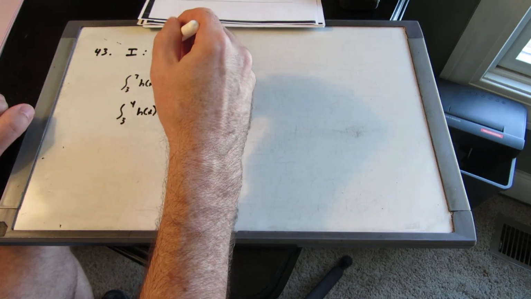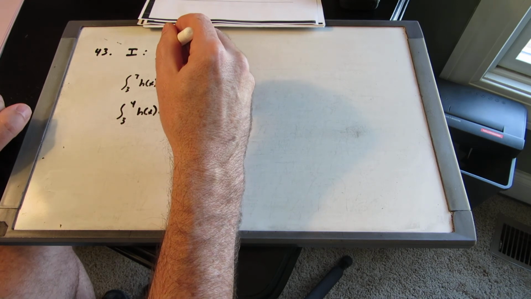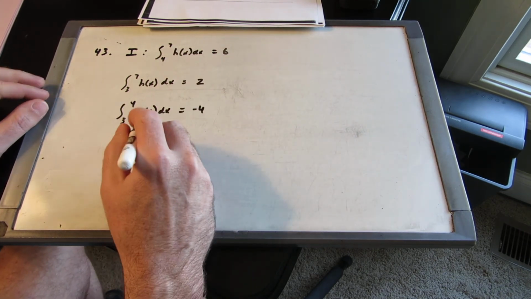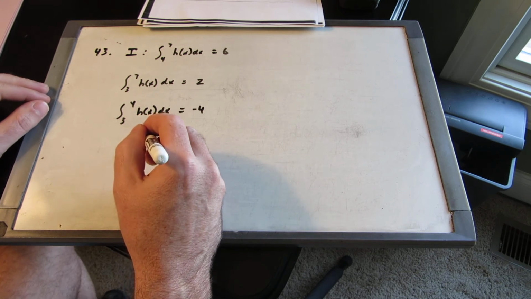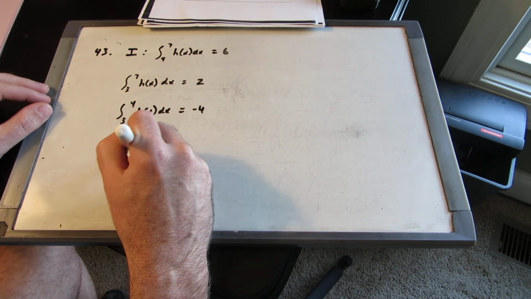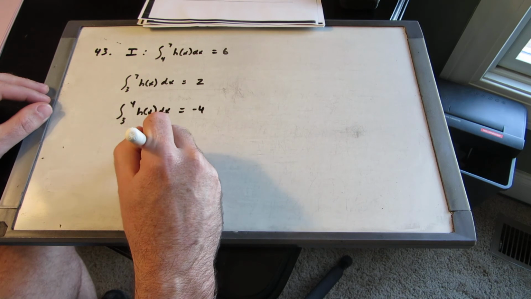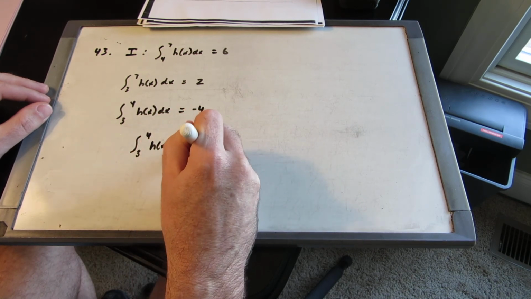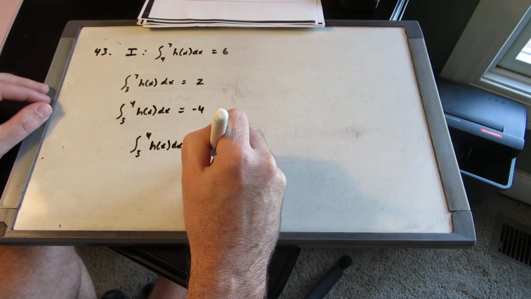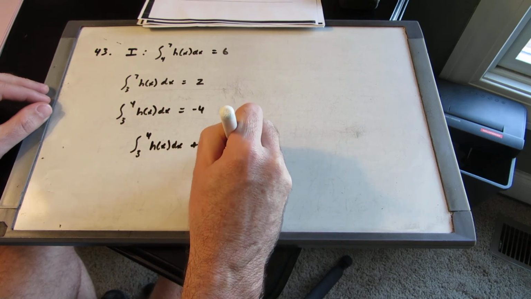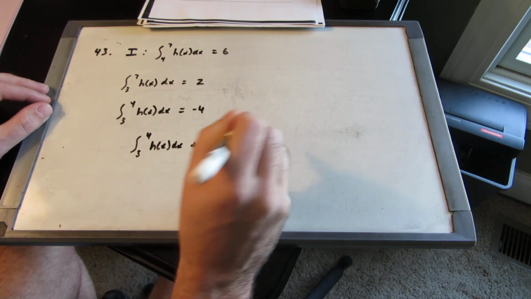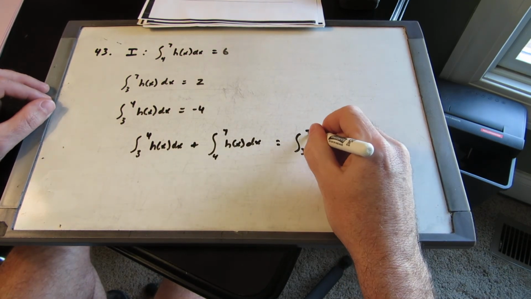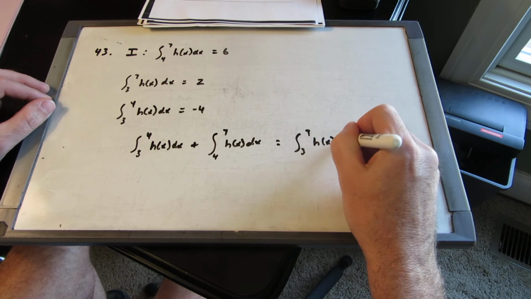Let me show you how to do it. You've got the integral from 3 to 4 of h of x dx plus the integral from 4 to 7 of h of x dx has to equal the integral from 3 to 7 of h of x dx.